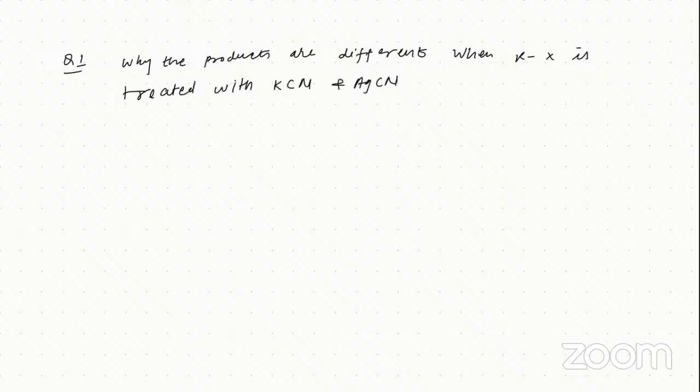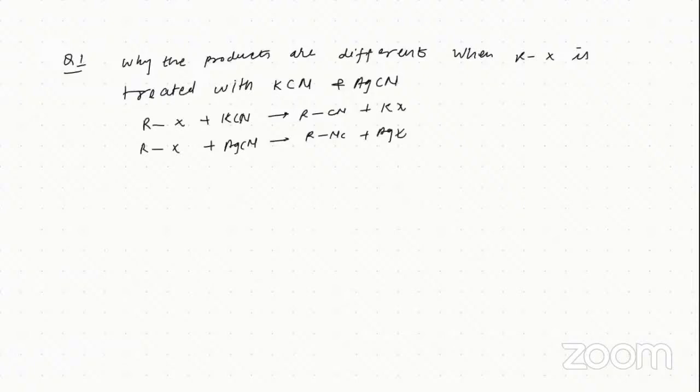RX plus KCN is going to give RCN plus KX. And the second one, RX is treated with AgCN. It is giving RNC plus AgX. They are saying why these two products are different. What is the reason here? RCN and this one RNC. Can you tell me?